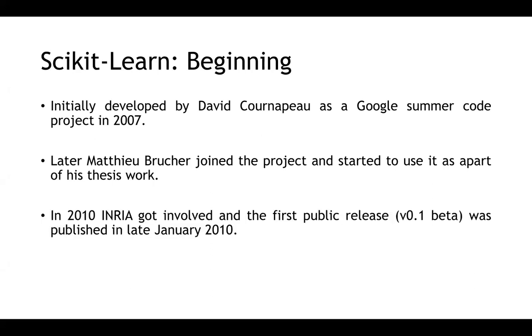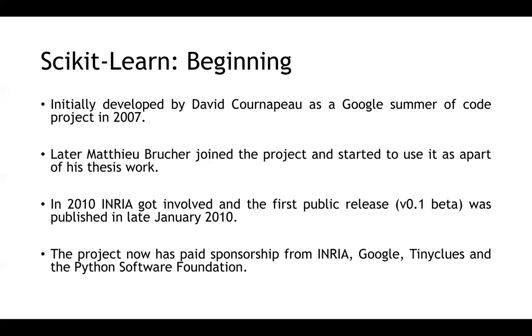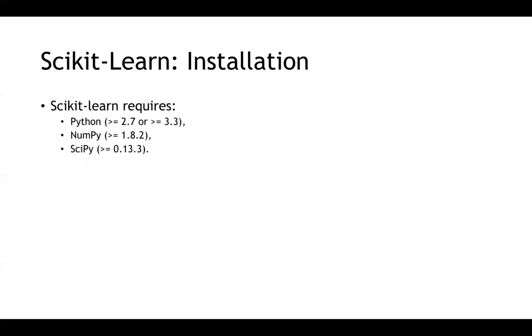In 2010, INRIA got involved, and the first public release was published in late January 2018. And now the project has paid sponsorship from INRIA, Google, Tinyclues, and the Python Software Foundation. So you can see that the overall age of Scikit-learn is approximately 7 or 8 years, and it has around 10,000 citations.